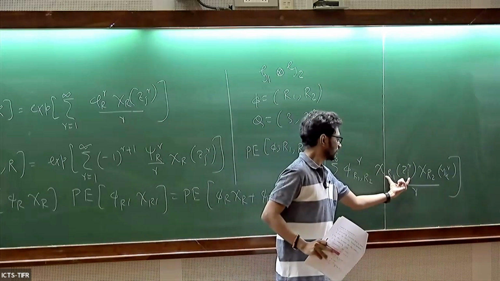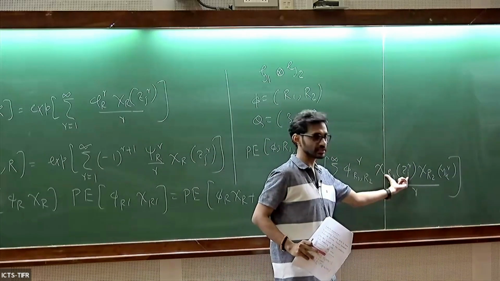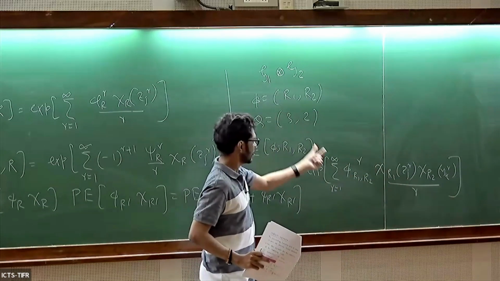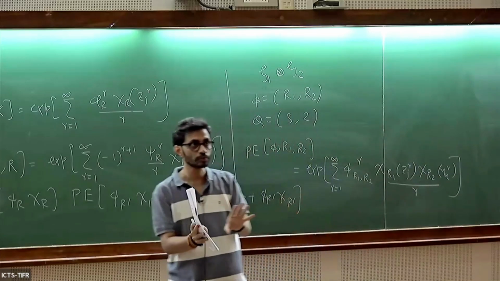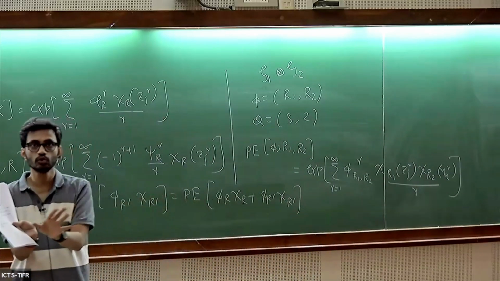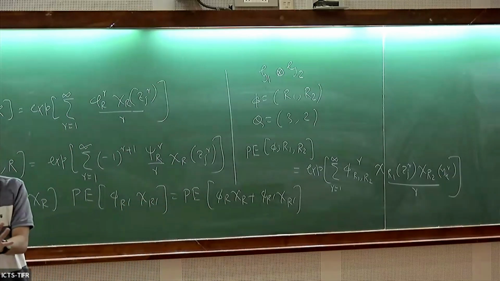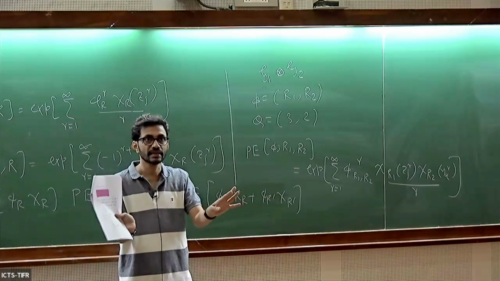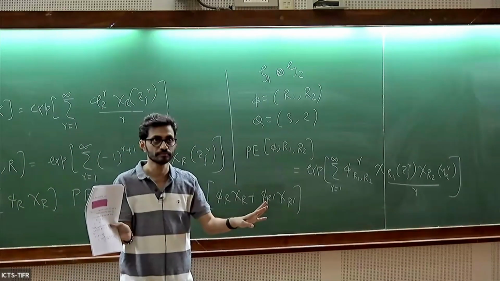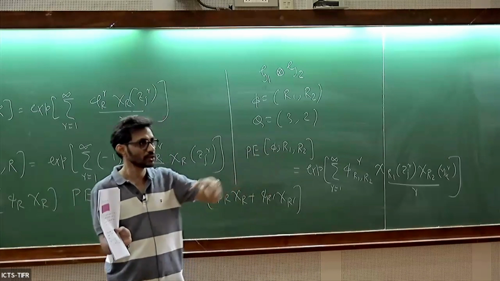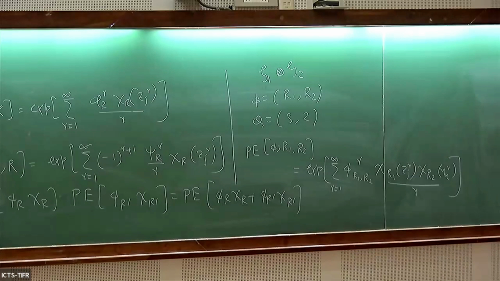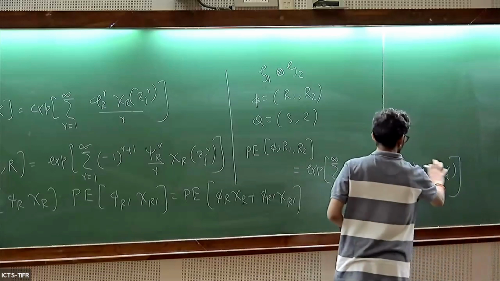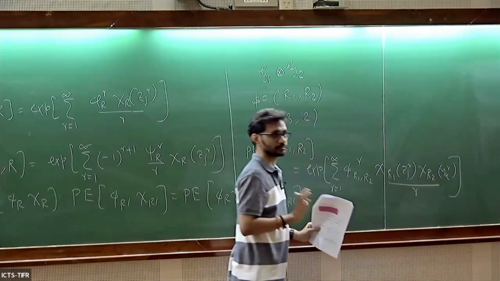So you have written the character of these representations under the group G1, and this is the character for these representations under G2. Because these two groups form a direct product, they are basically independent from each other, so you can decompose the characters as a product of the characters for the individual groups. That's why we are exploring SU(2) and SU(3): two independent groups. We are not taking the semi-direct product, so we can write their characters as a product of these two characters.